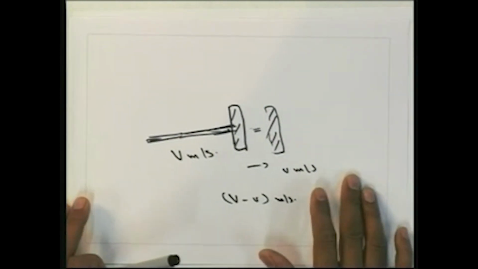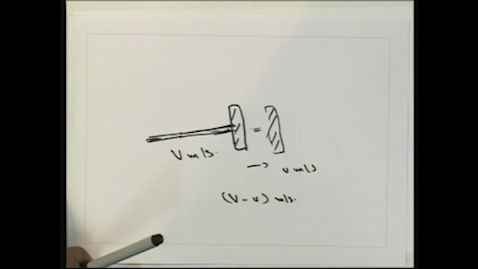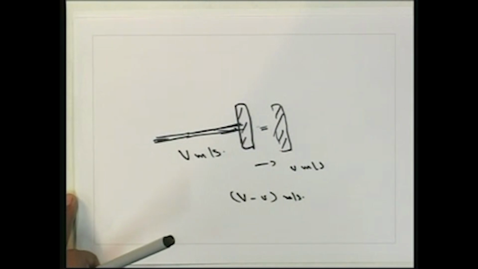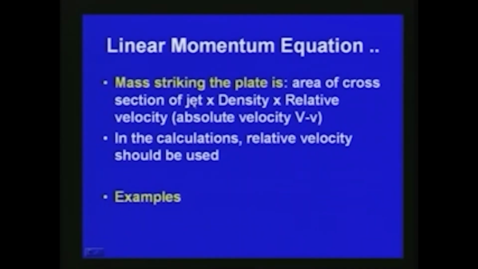In the next slide, we can see that for the mass striking the plate, the area of cross section of the jet is capital A and the density is rho. Then we have to multiply by the relative velocity, that is, the absolute velocity capital V minus small v.